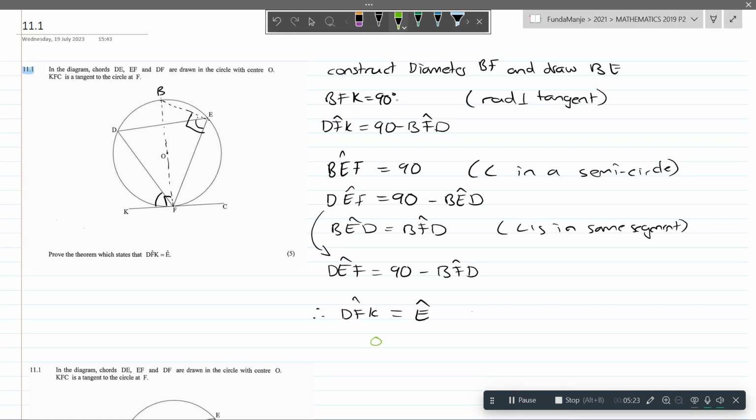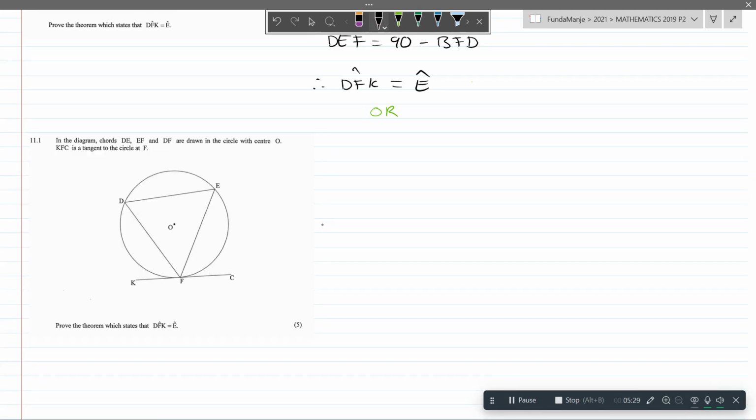Or we could use another method, and in this method what we do is we construct two radii. So we're gonna have a radius that goes from D to O, and another radius that goes from O to F, like that.